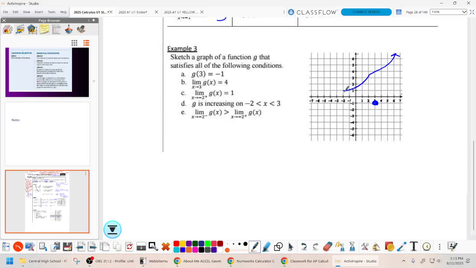Is greater than where it came in from the right. So what do we do with that? We could do a line coming from the left that means at -2, 4. Yeah, like put it up here. So maybe it's coming in like that.